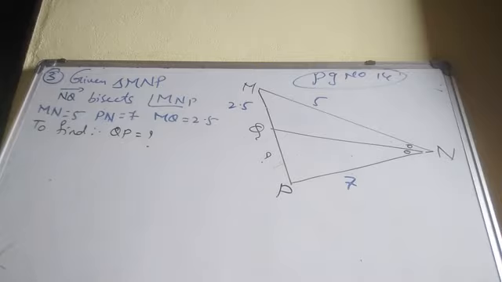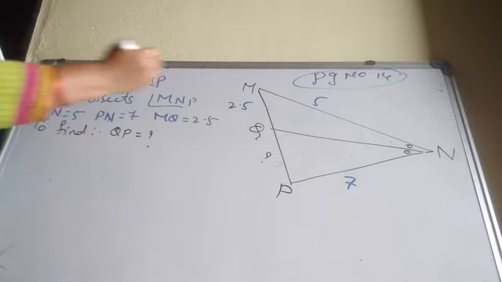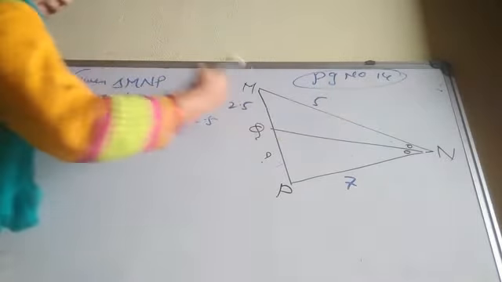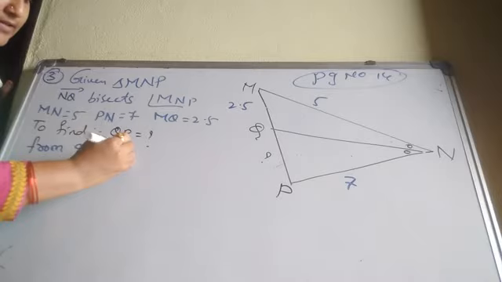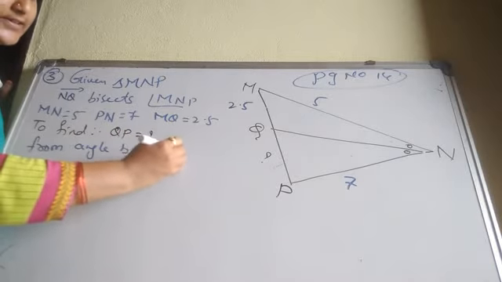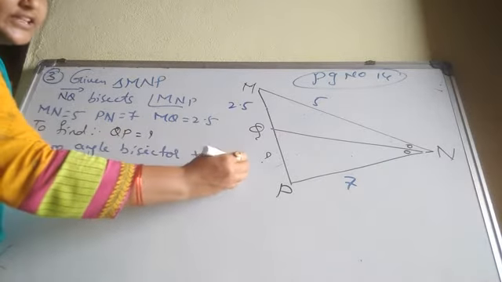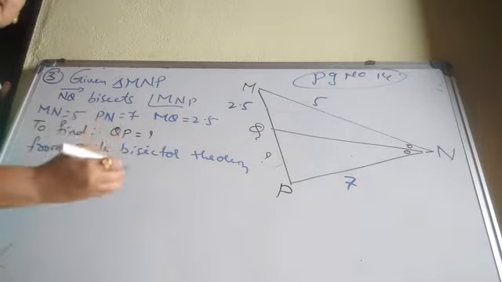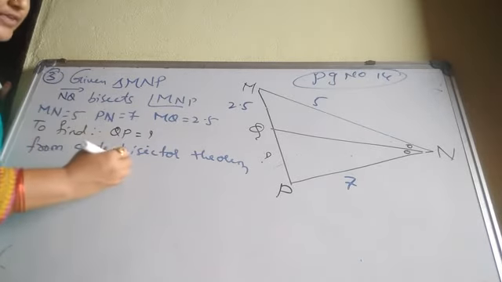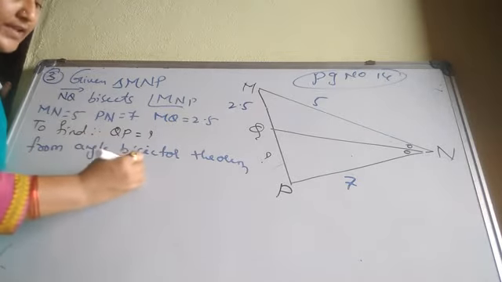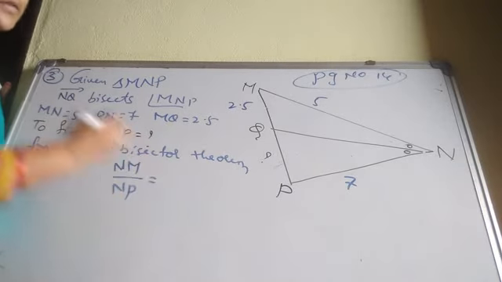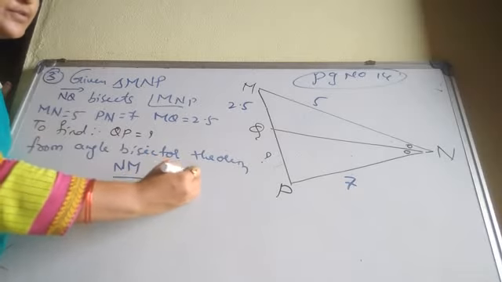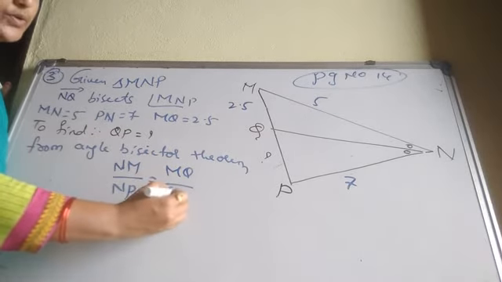From the angle bisector theorem, otherwise the property of the angle bisector of a triangle, what do we know? NM upon NP equal to MQ upon QP.